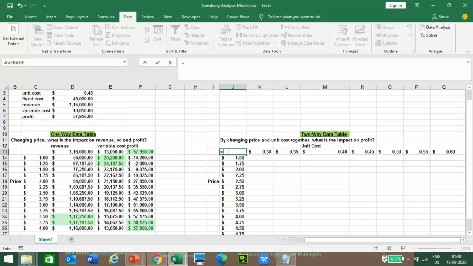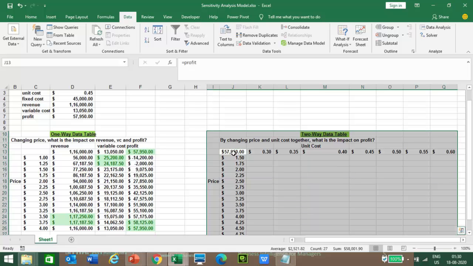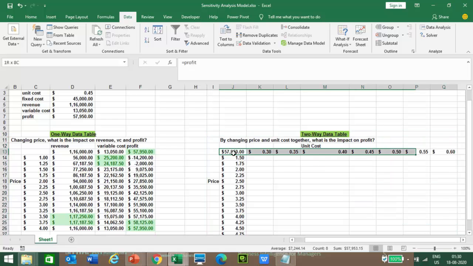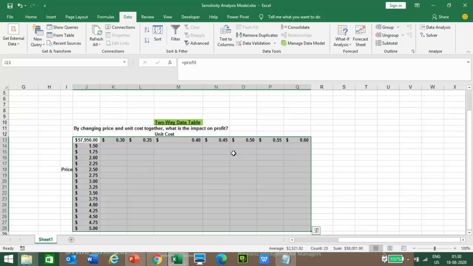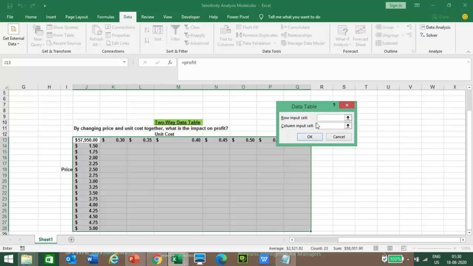For doing this, we put the profit function here, select this entire table, go to what if analysis, data table, and this is a two-way data table.